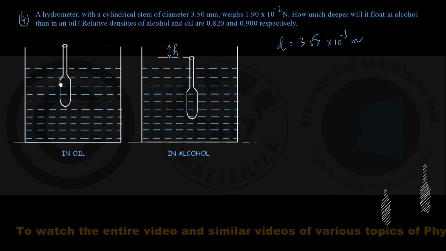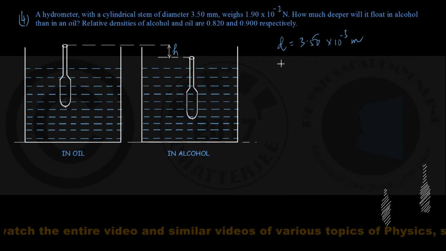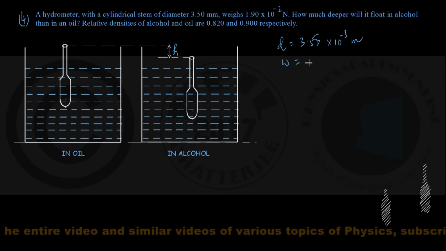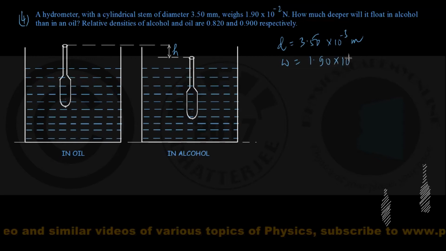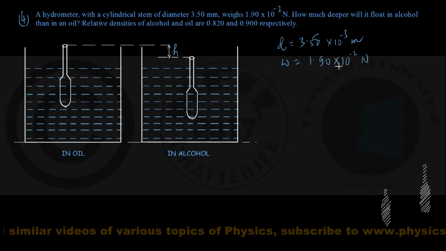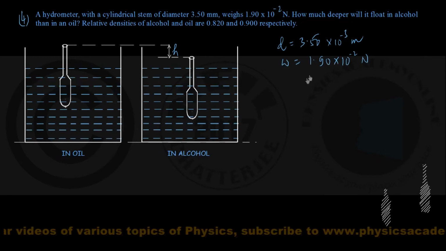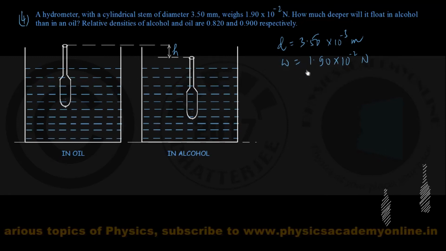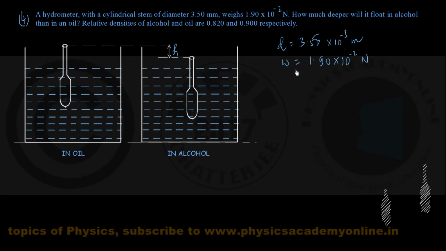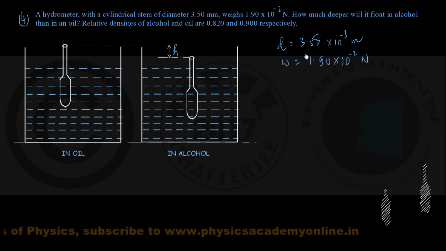The weight of the hydrometer, that is capital W, is equal to 1.90 × 10^-2 Newton. This is also the force of gravity acting on the hydrometer, because you know that in an inertial frame the weight and force of gravity have the same magnitude.